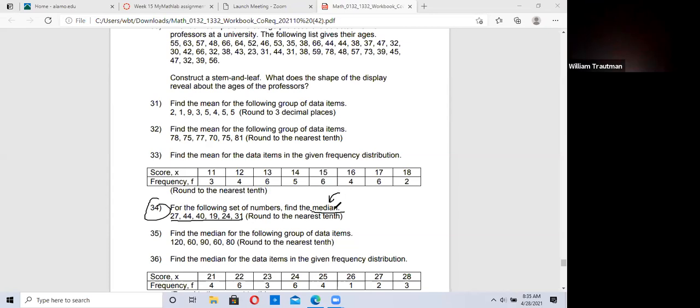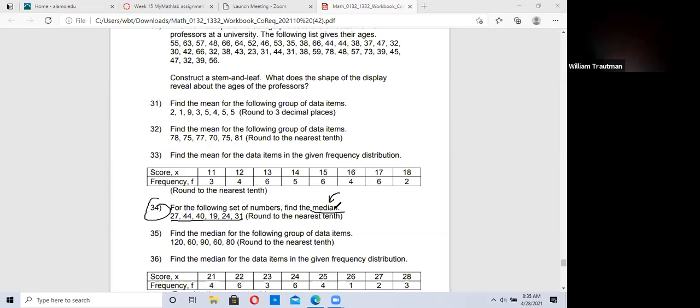I'm hitting data again to clear my old list, and I'm going to type in this list. 27, enter, 44, 40, 19, 24, 31. And when I go to second data, stat, 1-var stats, L1, frequency needs to be the ONE.